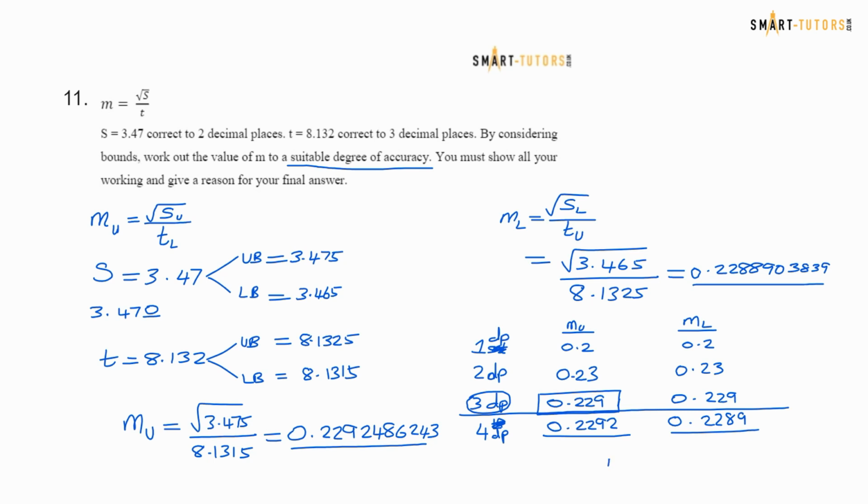So the answer for the m is m equals 0.229 to the nearest 3dp, which means 3 decimal points. So the answer for question number 11 is m equals 0.229.